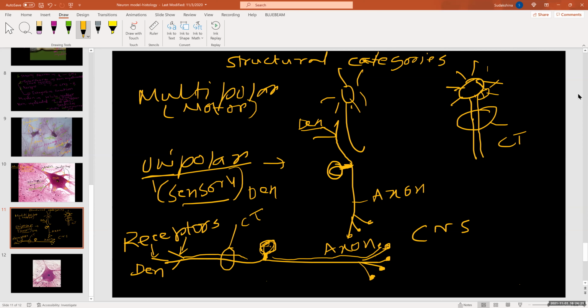So what are receptors? Receptors are basically these dendritic ends. This is a sensory neuron where you have an axon terminal and a single pole, unipolar, and another pole, of course, encased by connective tissue. When it branches into dendrites, these dendritic ends of a sensory neuron, this is what we call receptors.